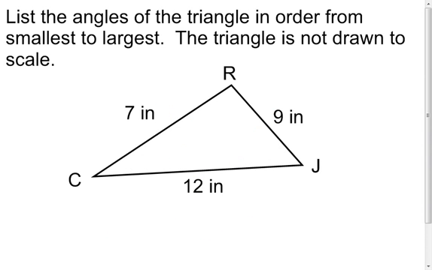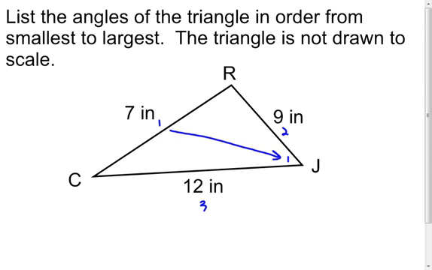This one, similar concept, but now I want to list the angles in order from smallest to largest again. And this time I did write in there that the triangle is not drawn to scale. But I'm going to do that same thing I did last time. Here's the smallest side, the medium side, and the biggest side. Always go opposite.